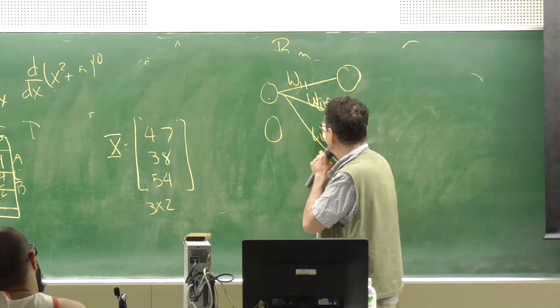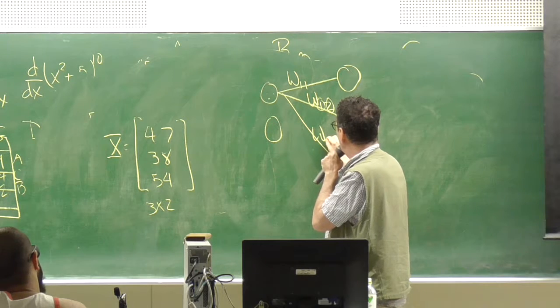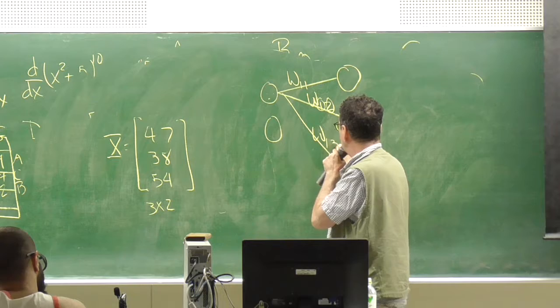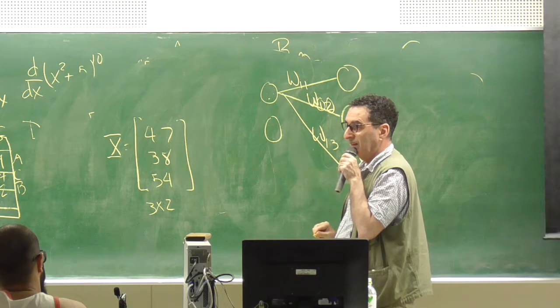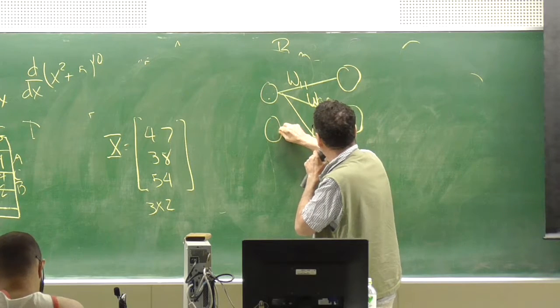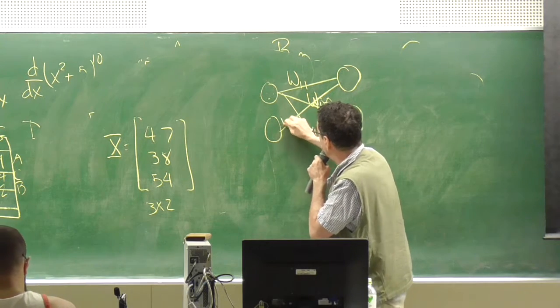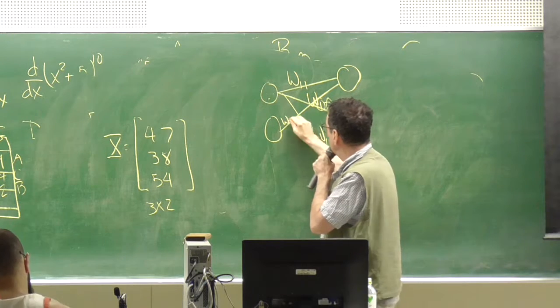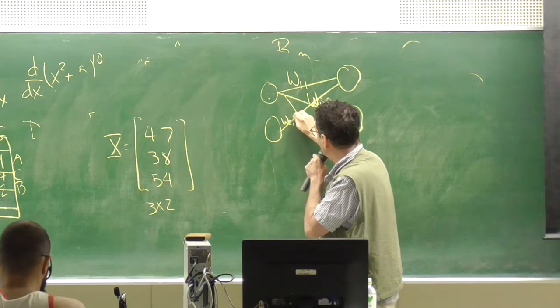Okay, so this one is W. If I'm doing it the same way, this is going to be W13, right? So what do you think I'll call this one here? W21, if I'm not wrong.